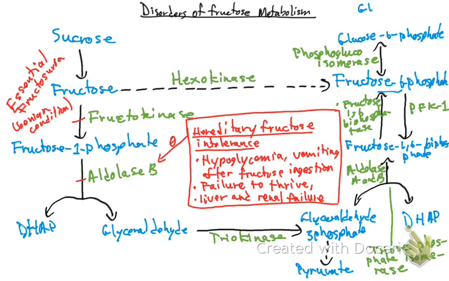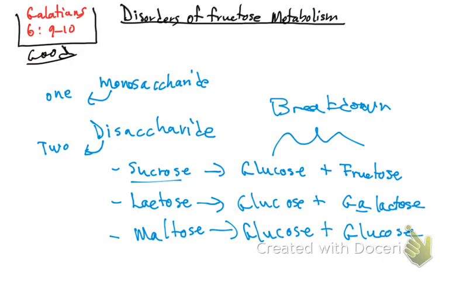Now, this glucose 6-phosphate is received from something which is called glucose. Do you remember that when you have sucrose, you split sucrose into fructose and glucose? Sucrose is glucose plus fructose.